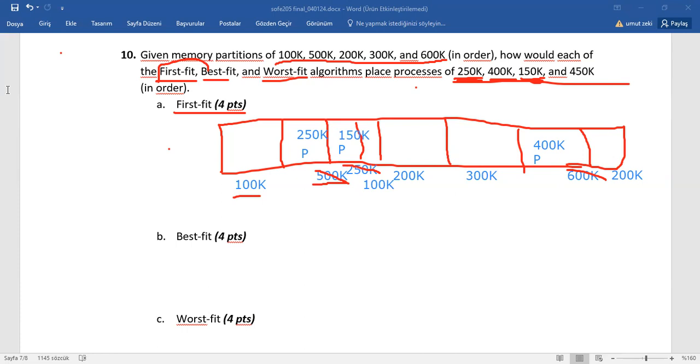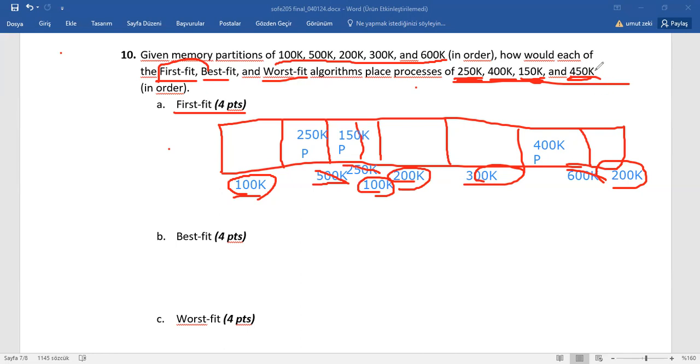And the last one is 450K. So these are my empty spaces: 100, 200, 300, and 200. So there is no space enough to put 450K.